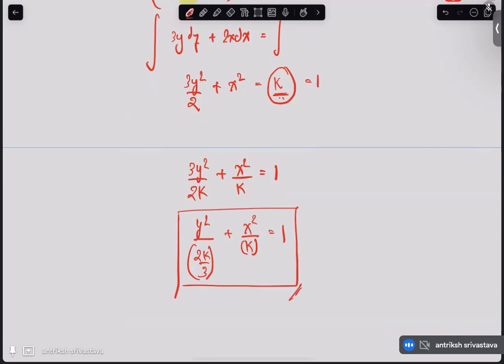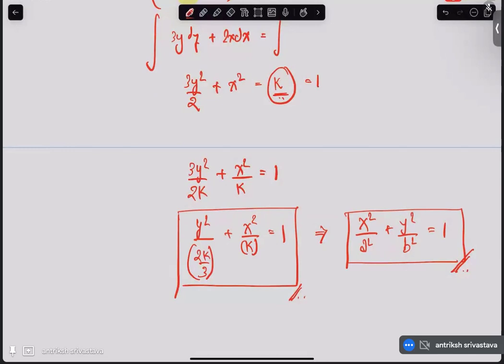Does this look familiar? Here we usually write it as x squared by a squared plus y squared by b squared equal to 1. This is actually the equation of an ellipse, isn't it?